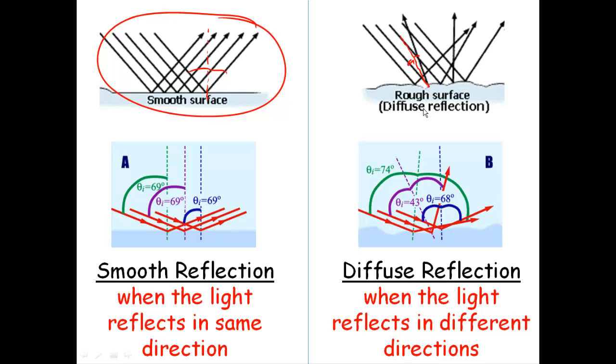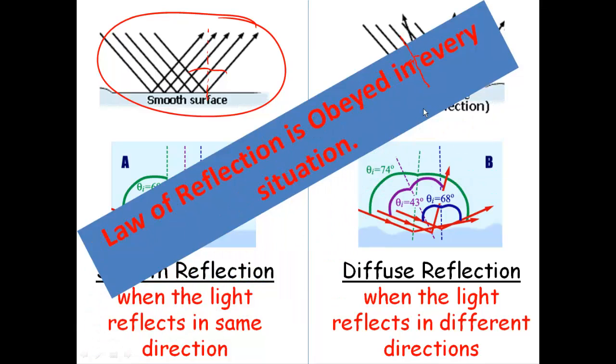The rain has filled in the little holes and cracks on the highway, and because of that, it makes a nice smooth surface. Your headlights hit, but you don't see the road reflected back at you. It's very difficult to drive. So it doesn't matter whether you're talking about smooth or diffuse reflection, the law of reflection always holds in every situation.